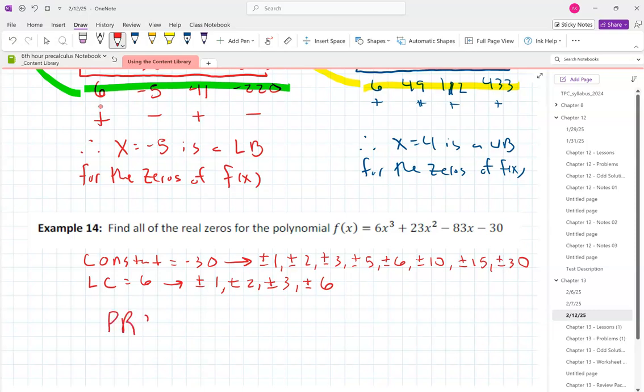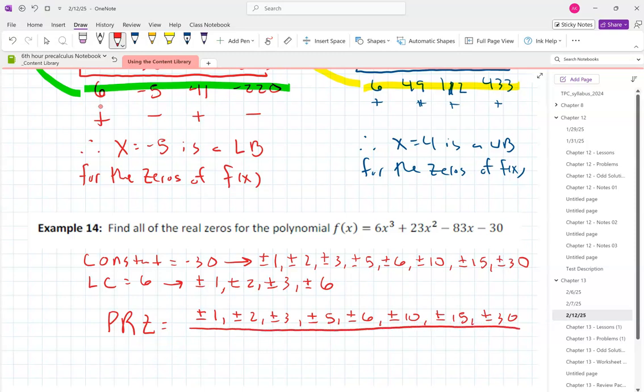So my possible rational zeros are going to be some combination of something from that, right?